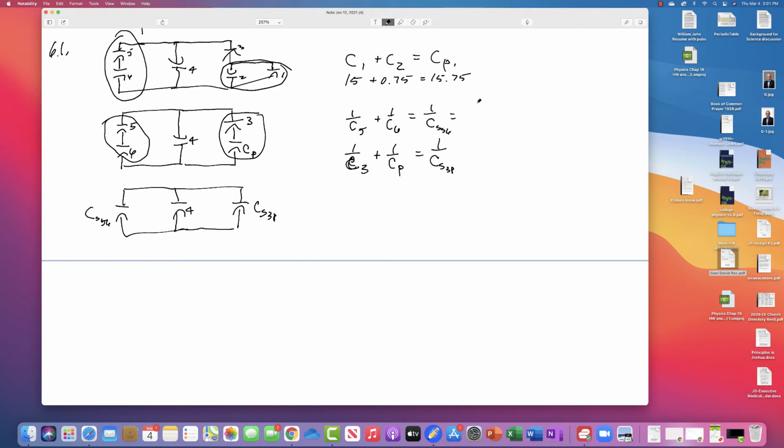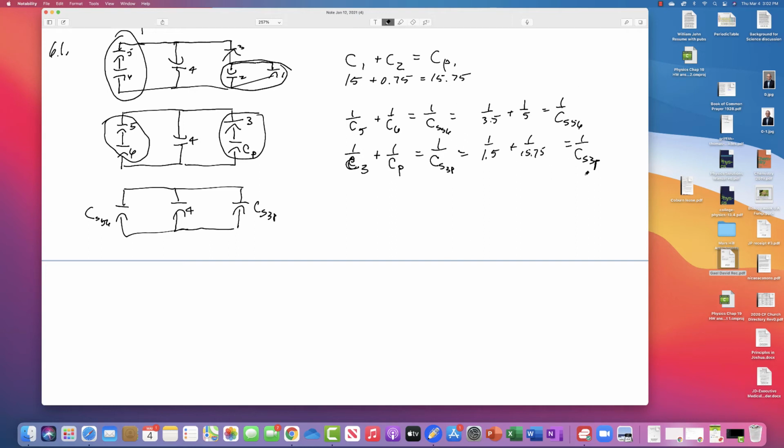So this is going to be, let's see, 5 and 6 were 3.5 and 5. So this is 1 over 3.5 plus 1 over 5 is equal to 1 over CS5,6. And this one's going to be 1 over C3, which was 1.5, plus 1 over 15.75, you got that from up here, is equal to 1 over CS3P.